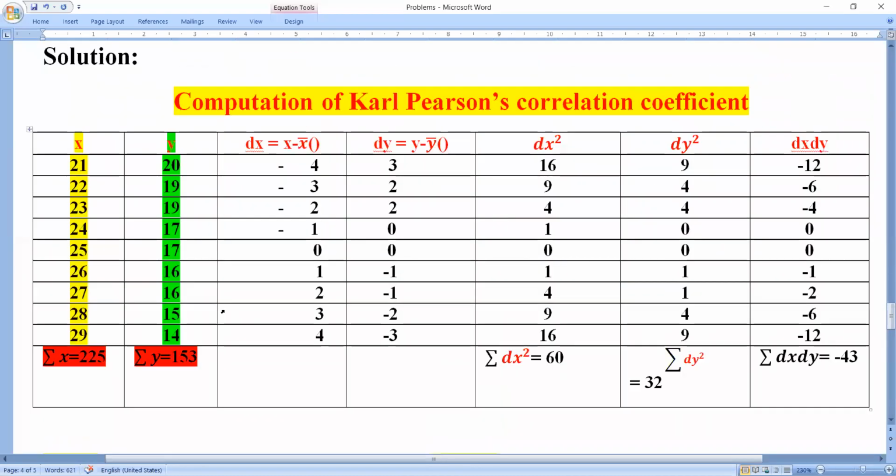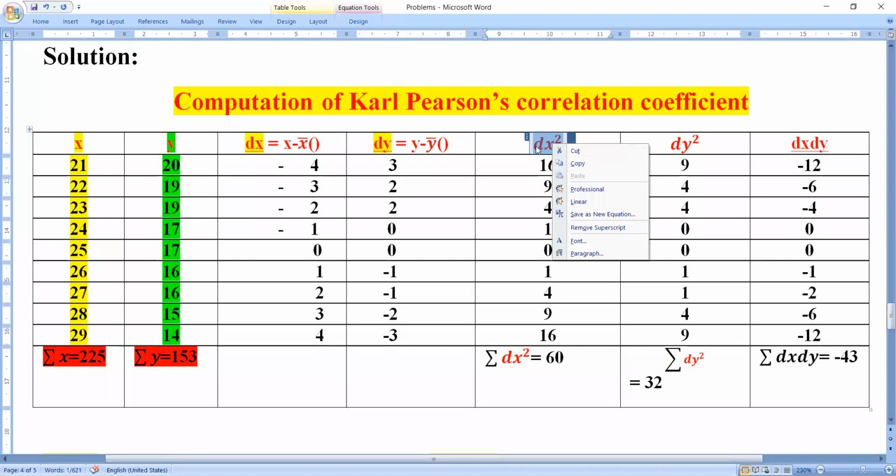Now we move on to the table. In this table, the next columns are dx, dy, dx square, dy square, then dx dy.